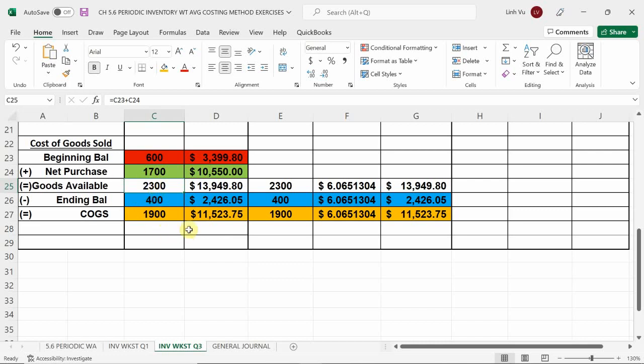So I just subtracted to get my assumption that if I started out with 2,300 units in my closet, and I go down there and I count only 400, I must have sold all of the rest of the units because they're gone. So this was just 2,300 minus 400 to get you 1,900.